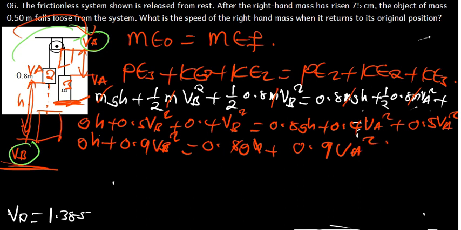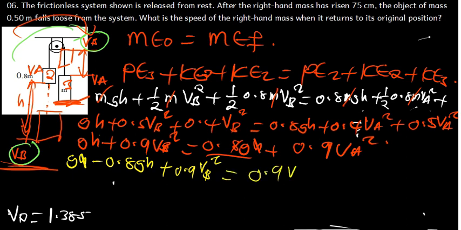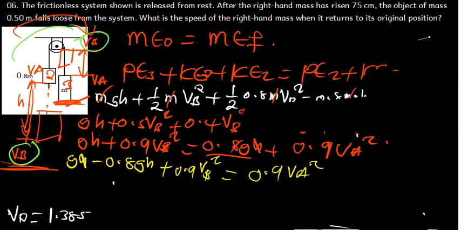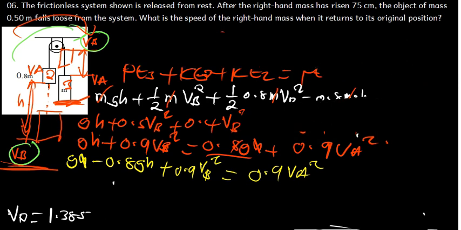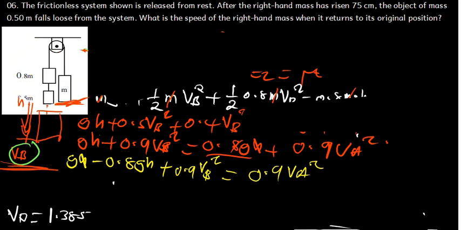Now I can shift this to the left hand side where I'm going to have gh minus 0.8 gh plus 0.9 vb squared has to be equal to 0.9 va squared. Now at this point I can get rid of this to create space. I can even move everything here.